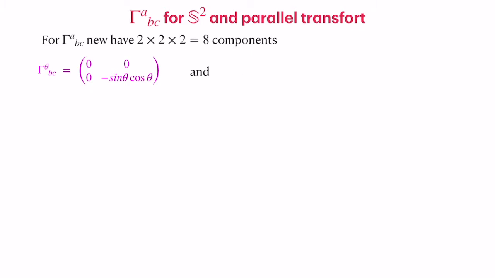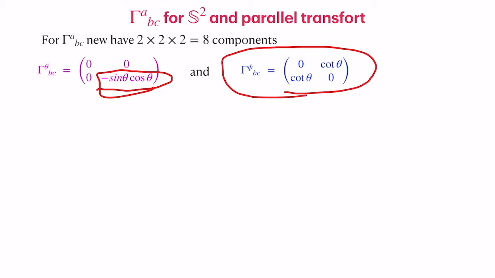The other 2 cross 2 matrix is gamma phi bc, which takes the following form. Here we have only one non-zero term, that is gamma theta phi phi. Here we have a 2 because it is also symmetric. We have gamma phi theta phi and gamma phi phi theta non-zero and with the same value. So we have obtained all values of gamma.